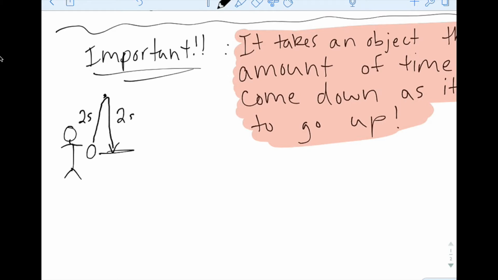So the total amount of time would be 4 seconds that it took to go up and then back down to where it started from. And if we were going to let it fall to the ground, then it would take a little bit more time. But to get back to where it started from is going to take the exact same amount of time. That's going to be really important on a couple of these. And hint, it's important for the test. All right, so make sure that you highlight that.